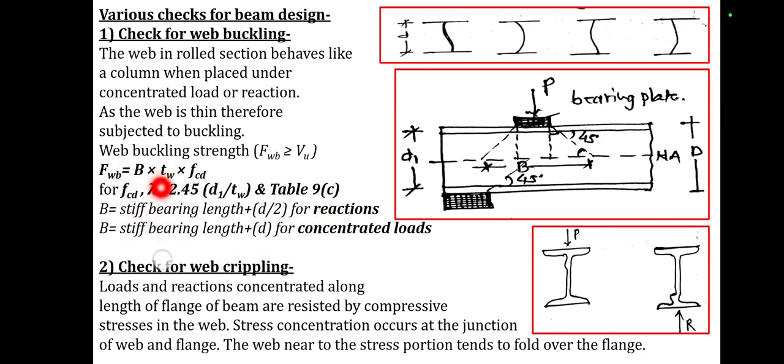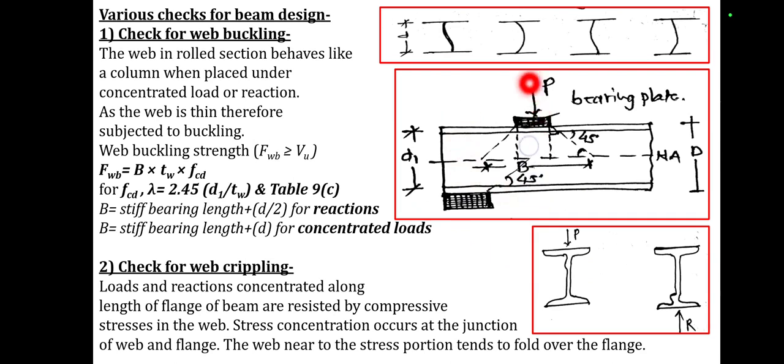TW is the thickness of the web and B is the bearing length plus D by 2 for the reactions, whereas B is the stiff bearing length plus D in the case of concentrated loading.